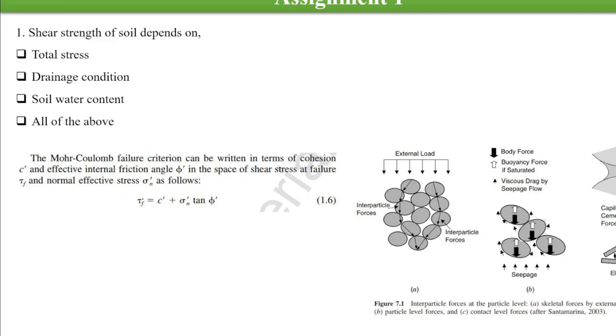From the formula also we can see the shear strength of the soil depends first on the stress, that is the effective vertical stress, and also on these c and phi values. The shear strength is also affected by the drainage conditions and the soil water content. So we can say the shear strength of the soil depends on all of the above, right?